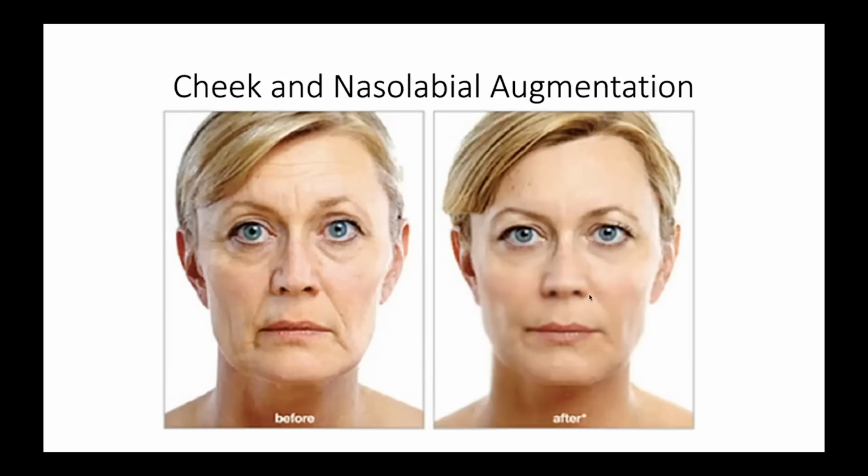So part of treating this line is giving some filler to the cheek as well. In addition, when we fill this cheek, it fills in a little bit of this groove and helps the lower eyelid as well. And we start to get rid of that tear trough.